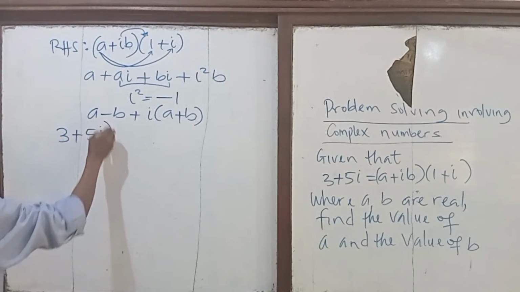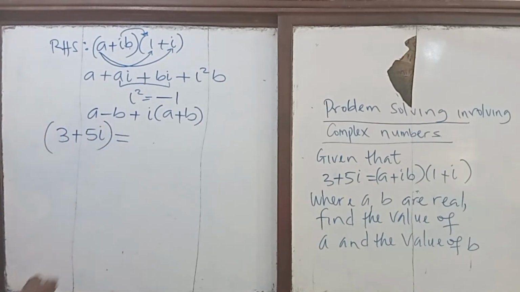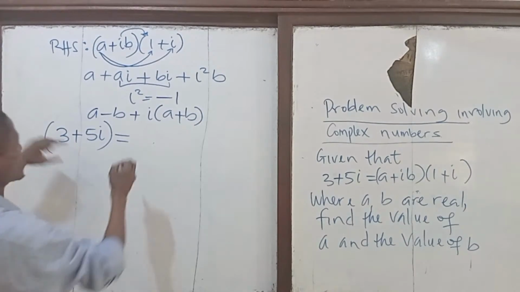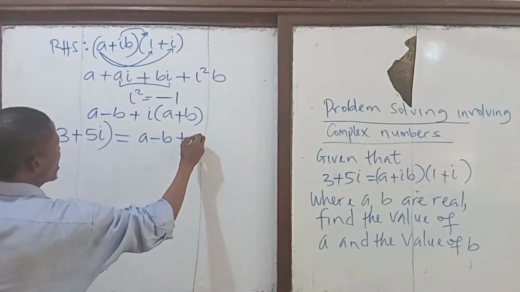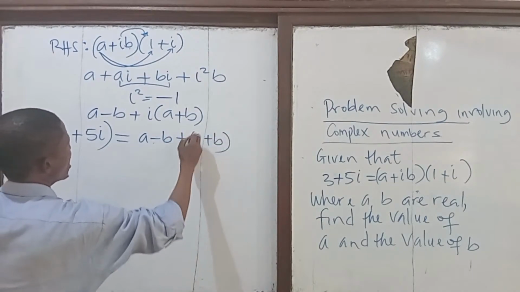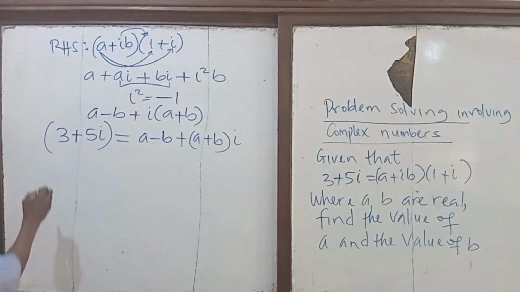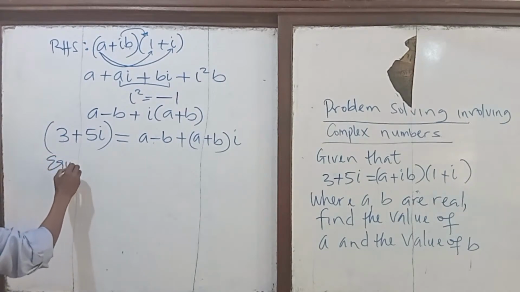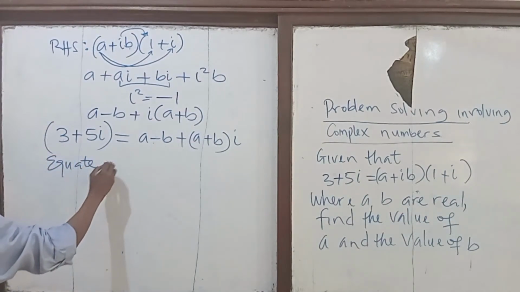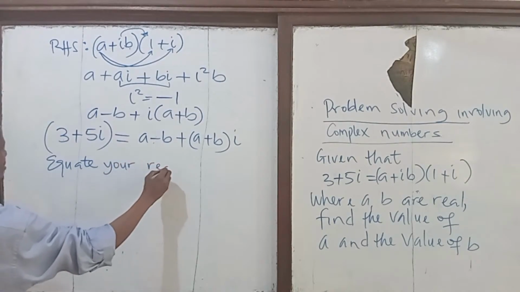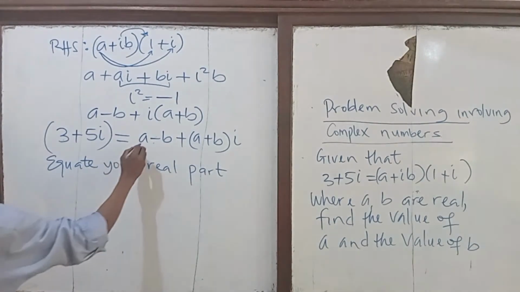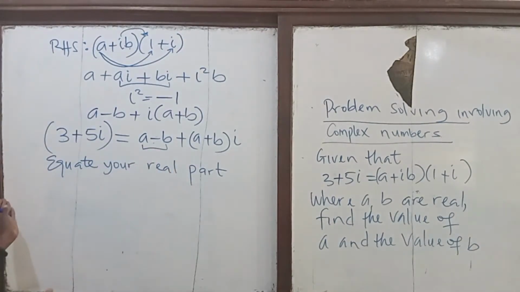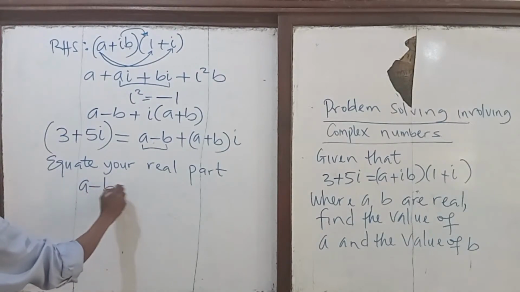On the right we have a minus b plus (a plus b)i. Equate the real parts, the part with no i. That will be a minus b equal to 5.